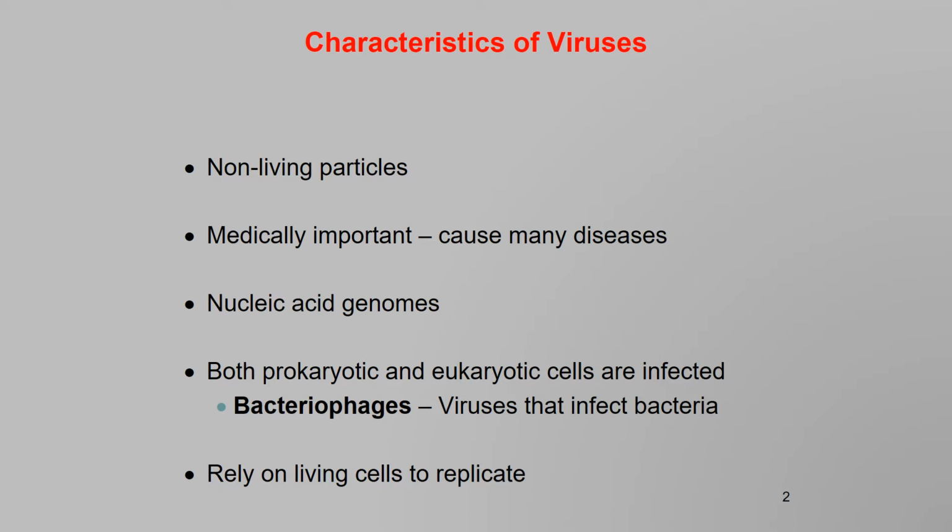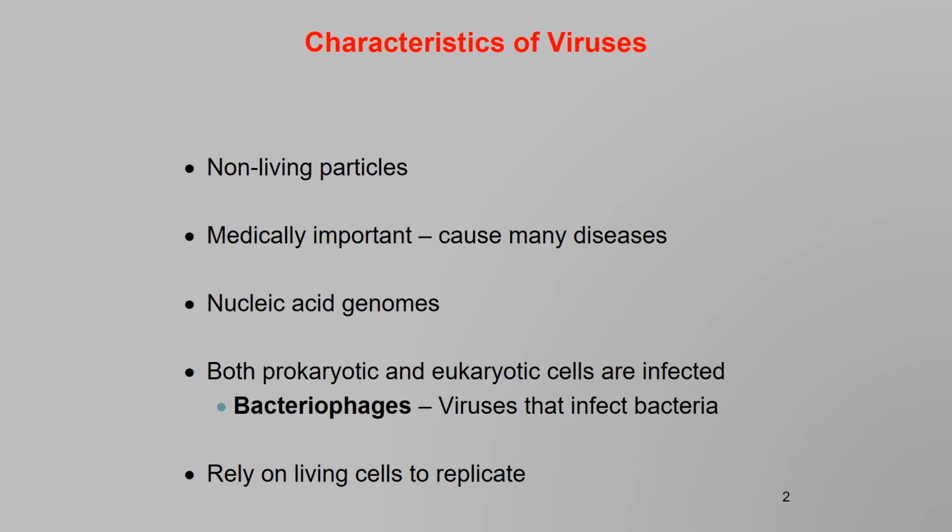A regular cell has a DNA genome and uses RNA, but with viruses, we are going to have either RNA or DNA as the genome. And they infect both prokaryotic and eukaryotic cells. So every type of living cell can be infected by a virus.